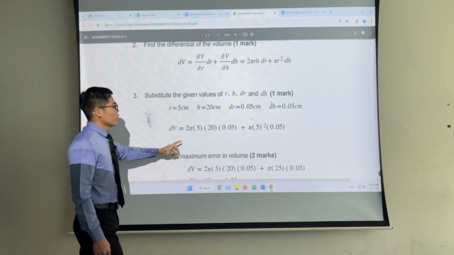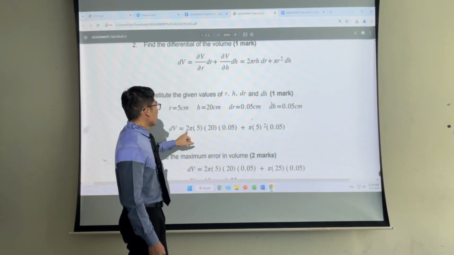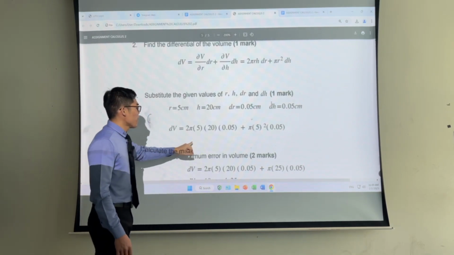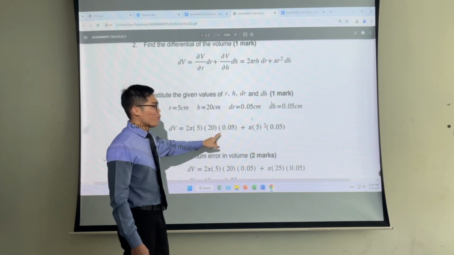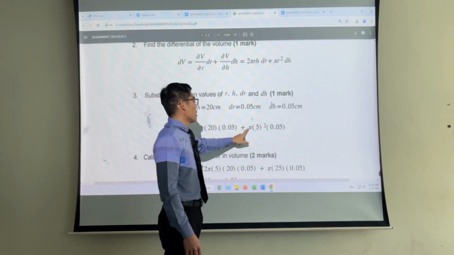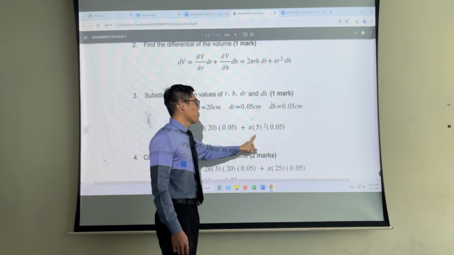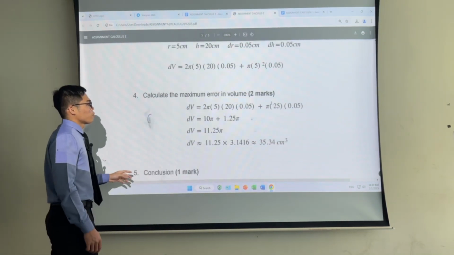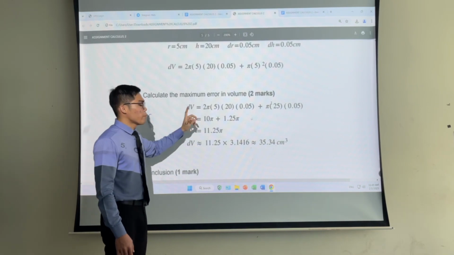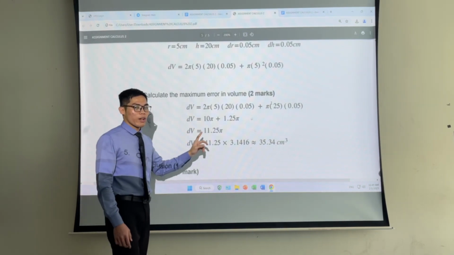So we get 2 pi multiplied by 5 multiplied by 20 multiplied by 0.05, plus pi multiplied by 5 squared multiplied by 0.05. So we get 10 pi plus 1.25 pi.